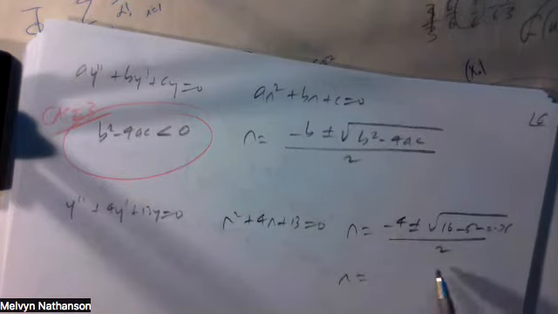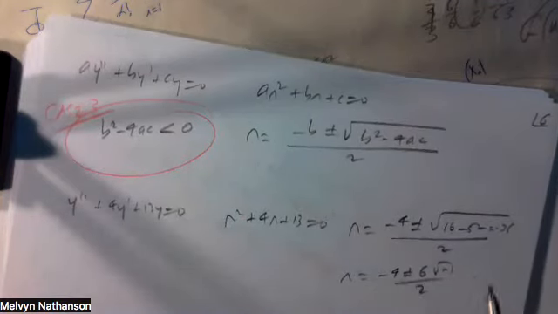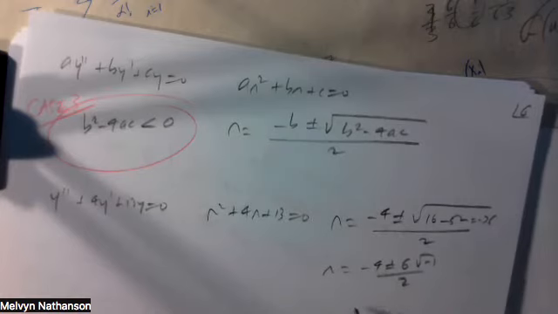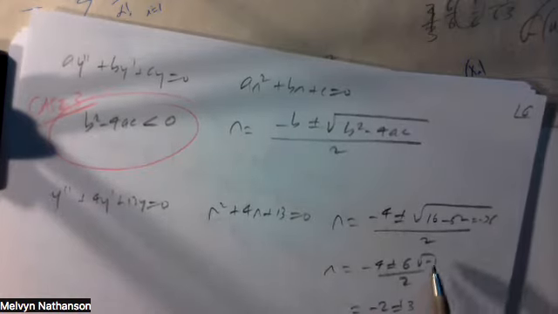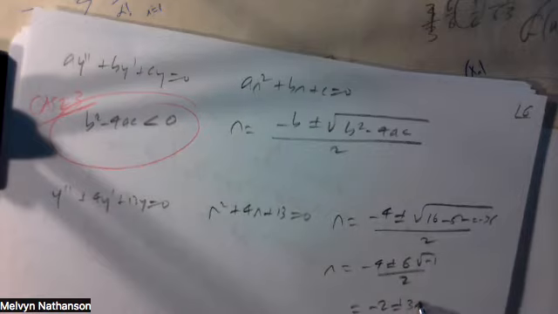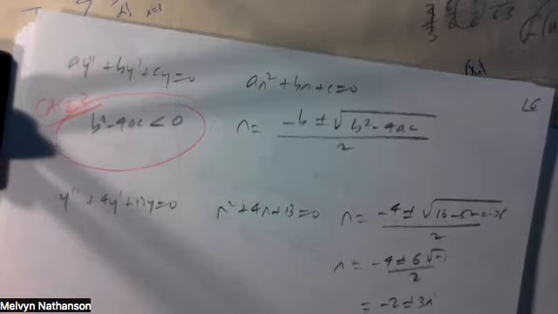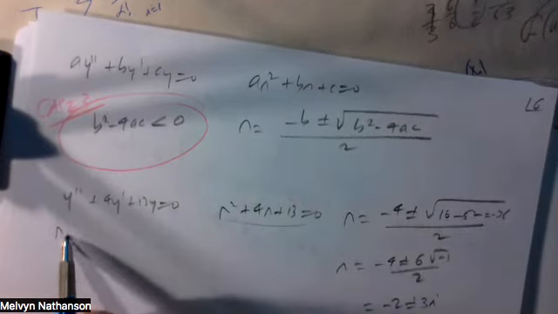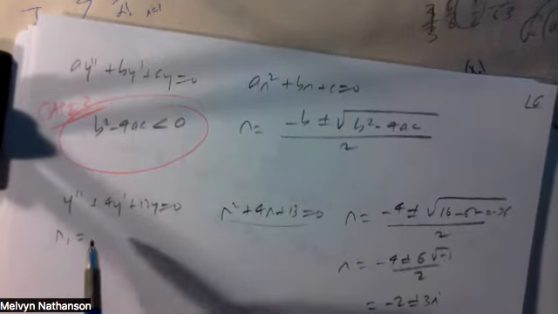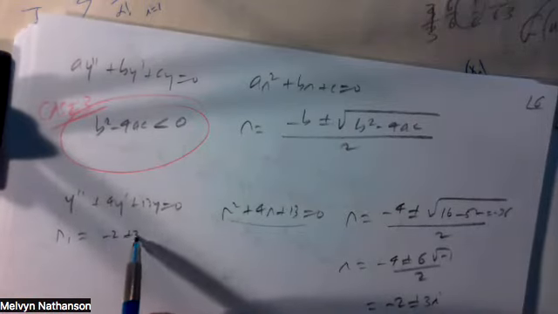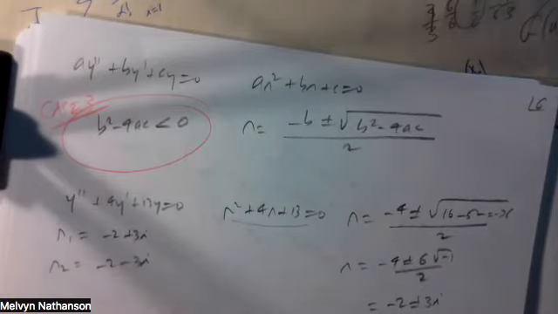So r is equal to minus 4 plus or minus 6 times the square root of minus 1, over 2, which is minus 2 plus or minus 3 times the square root of minus 1, that's just what we call i. So there are two solutions, but they're complex numbers. r1 is minus 2 plus 3i, and r2 is minus 2 minus 3i.